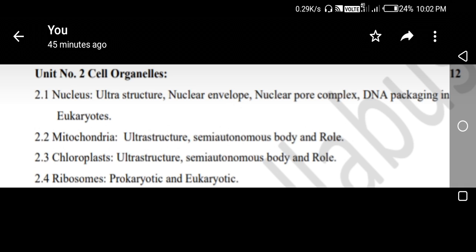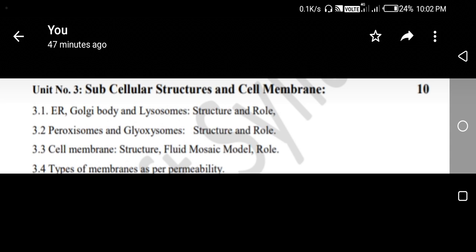In the next unit we will learn the subcellular structures like endoplasmic reticulum, Golgi complex, lysosomes, peroxisomes, glyoxysomes, and cell membranes.